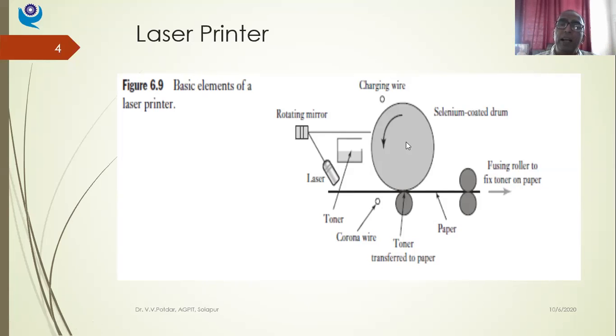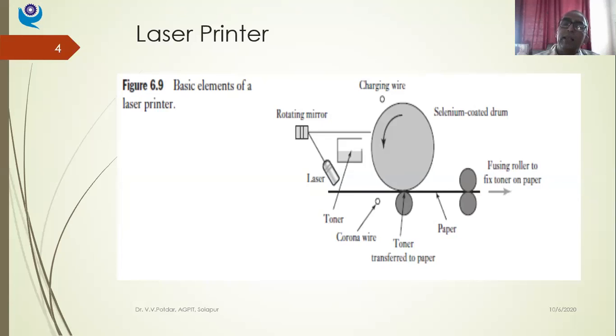Where the intensity is higher, that means there is no data, there is no letter. So I have a white background, meaning the entire light will be reflected on the surface of the drum. Then the light intensity is more, and that area of this selenium coated drum is not charged, and wherever I have data, that area is charged to a higher extent on this selenium coated drum.